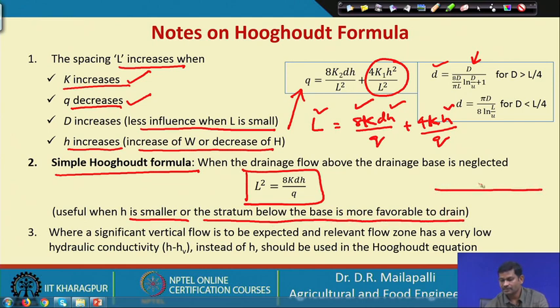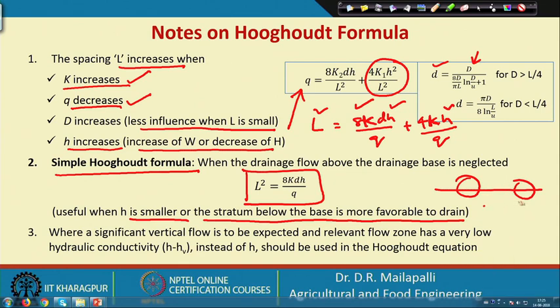So, you have this is the base. Below the drain it is more favorable to the drain, that means K2 is more than K1. So, the top is less permeable and the bottom is permeable, and you get the horizontal flow at the bottom.